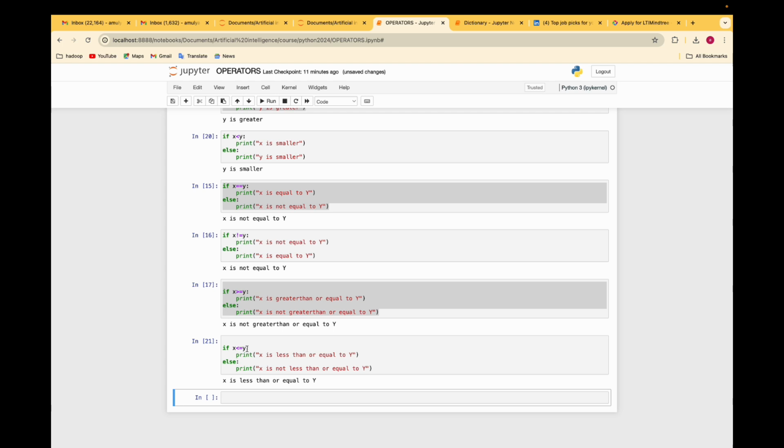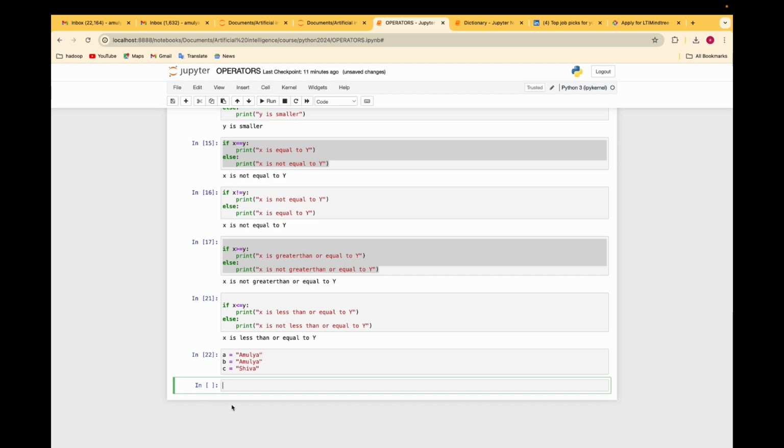What else can we do? Let's consider strings. a equals Amulya, b equals Amulya, c equals Shiva.